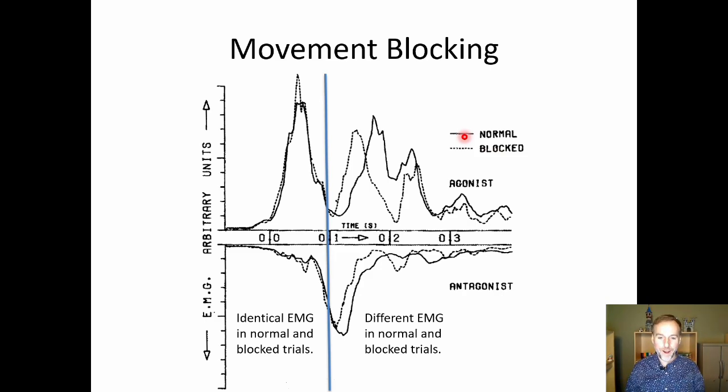If we were robots, what we would see is that the EMG, once closed loop control kicks in, would immediately drop to 0, and there'd be no more muscle activity. We don't see that. There is evidence that we've reduced the antagonist, so we managed to say, hey, I'm blocked, let's turn down the antagonist.